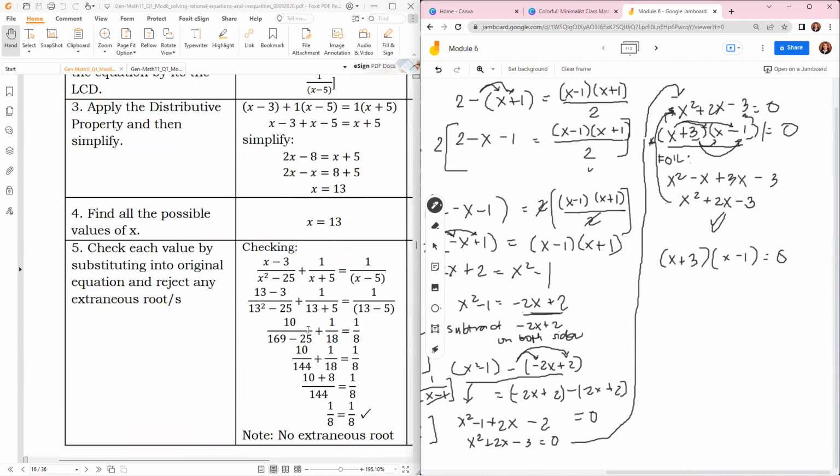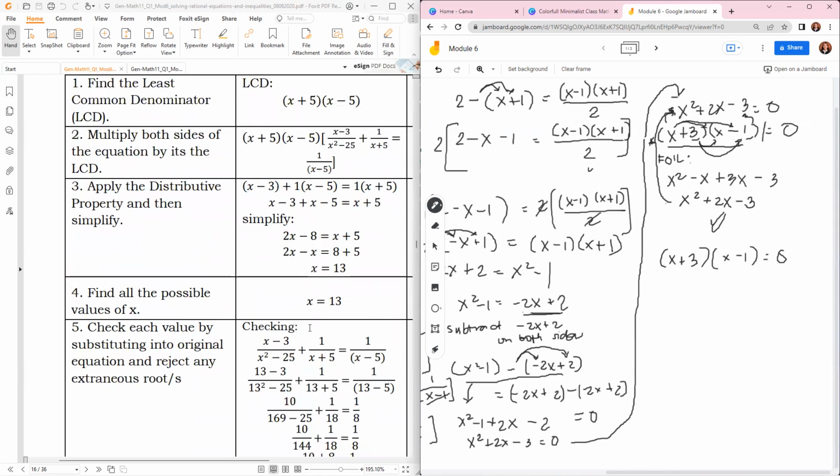And since this is so, let's use the multiplication rule. Let's equate both factors to 0 to find the roots, or the x values that return 0 in the equality. So that would be x plus 3 is equal to 0 and x minus 1 is equal to 0.